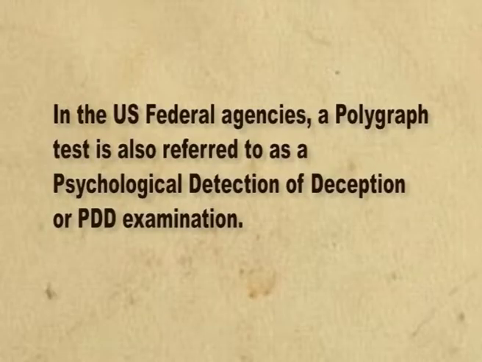In US federal agencies, a polygraph test is also referred to as a psychological detection of deception, or PDD, examination. The theory underlying a lie detector test is that lying is distressing and that this distress can be calculated and recorded on a polygraph machine.